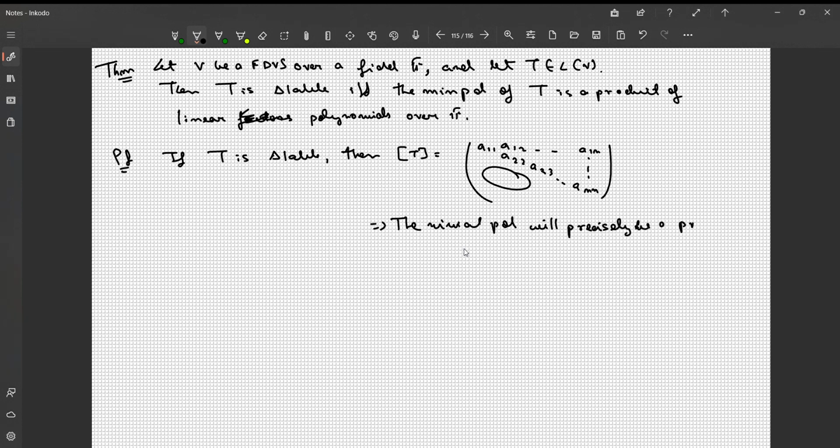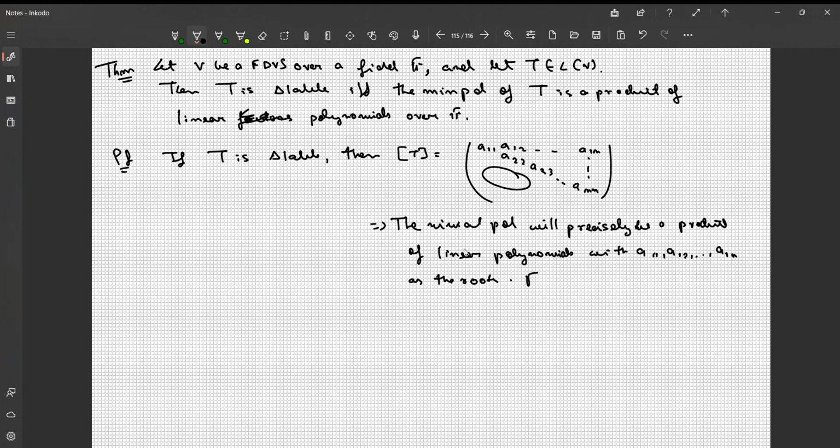So that implies the minimal polynomial will precisely be a product of linear polynomials with a11, a22 and so on till ann as the roots.